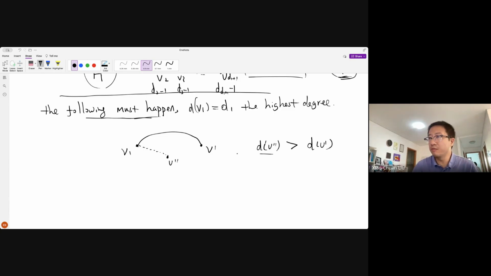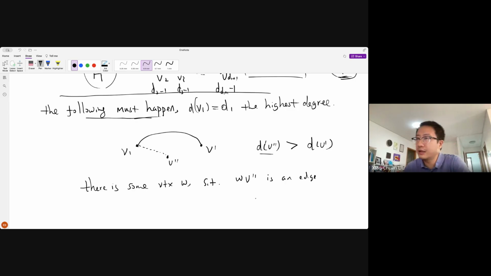So there will be some vertex W such that W V prime prime is an edge, and W V prime is not.